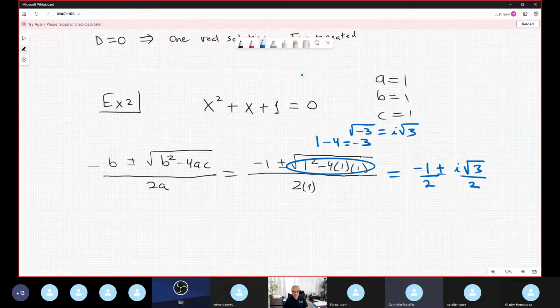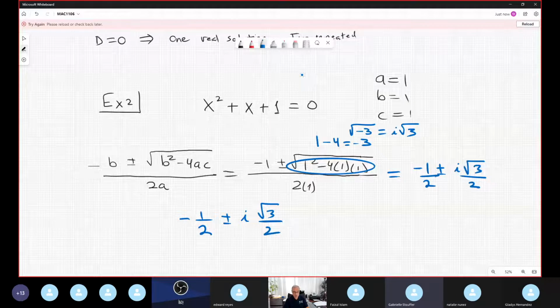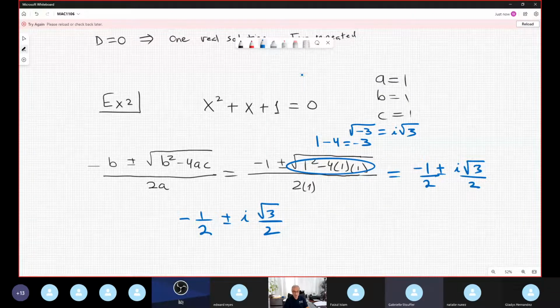The solution is negative 1/2, the real part, plus or minus i radical 3 over 2. Or if you want, you can write separately or together using the plus or minus symbol. It's perfectly understandable. Okay? Clear?